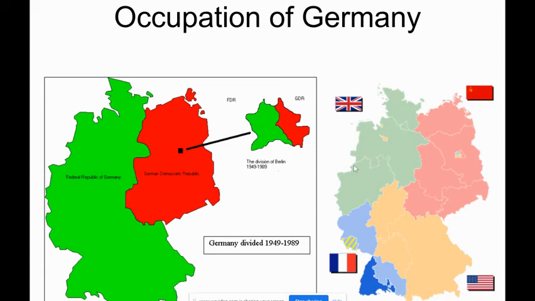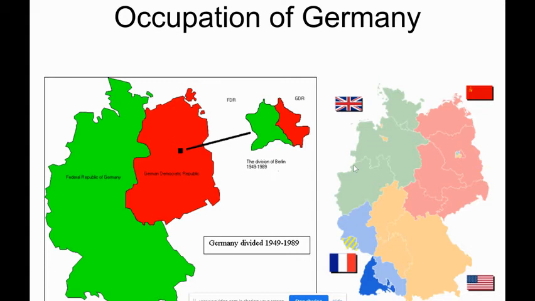Okay. By the late 1940s, we start to see things crystallize in Germany, and we begin to see the division of Germany. I want you to take a look at the picture on the right, and you can see how Germany gets divided up. So you have really four sectors: a British sector, a French sector, a United States sector, and a Soviet Union sector.